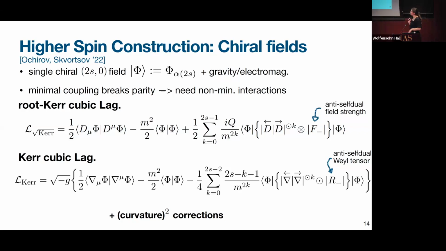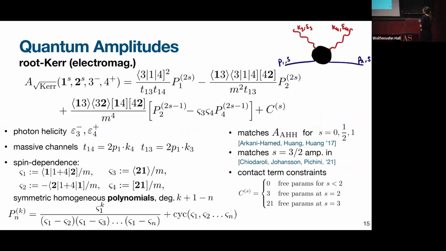We'll start with root Kerr, so the gauge theory. And let's point out some key properties. So notably, all the spin dependence is encoded in these polynomials, right? So what I mean by that is, everything that's sensitive to whether I'm scattering a spin 1 or a spin 2 or a spin 3, that's all encoded in these polynomials here, which we find are actually these symmetric homogeneous polynomials.